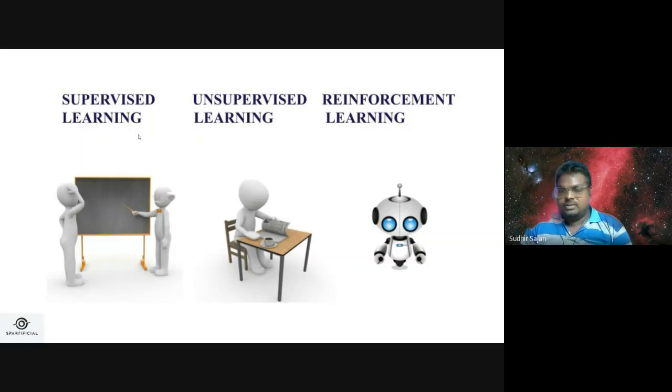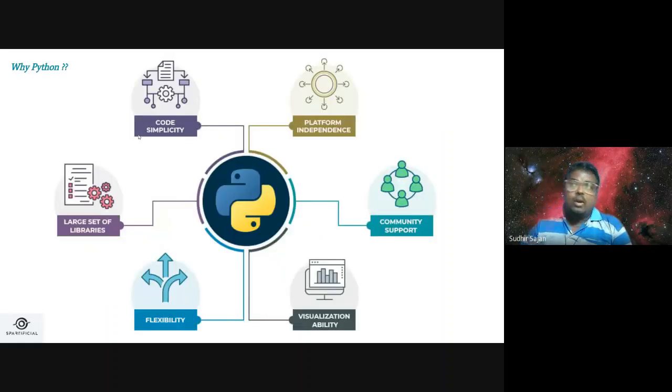So this is how we can briefly differentiate supervised learning, unsupervised learning, and reinforcement learning. And why Python? We use the Python programming language mostly for data science related to AI. Reinforcement learning is part of AI.